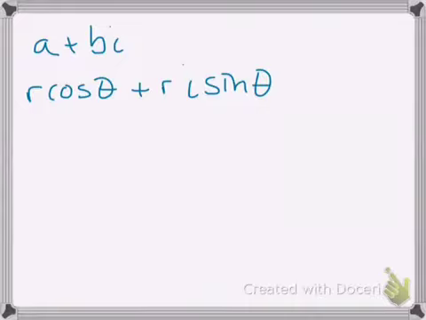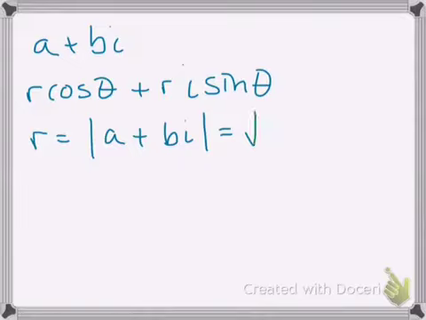And here's the definition of the variables. R is equal to the absolute value of a plus bi, which we define to be the square root of a squared plus b squared.